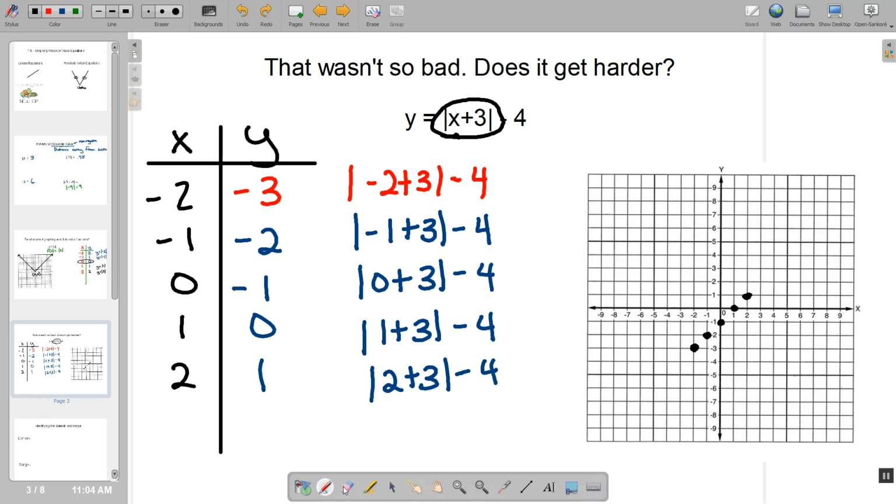So what that means is we need the value of x that creates this thing to be equal to 0. And what that is is -3. Because -3 plus 3 is 0. 0 minus 4 is -4.